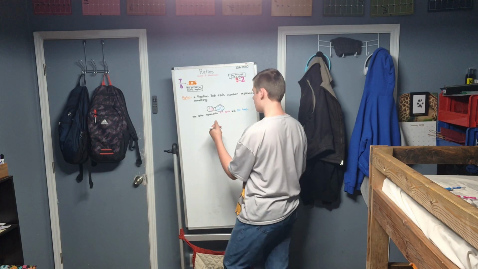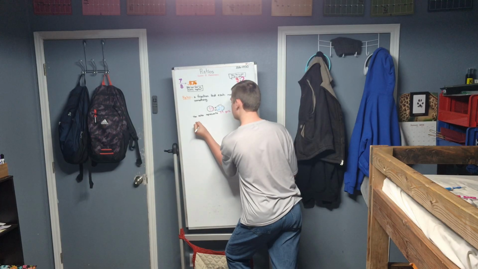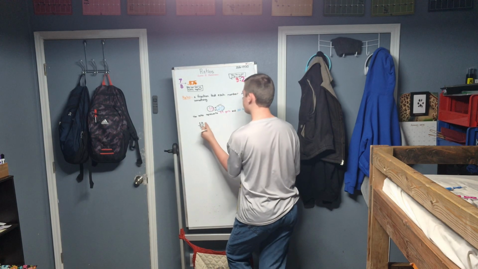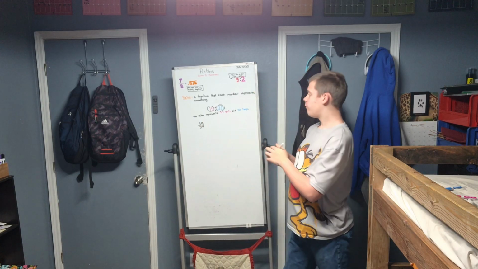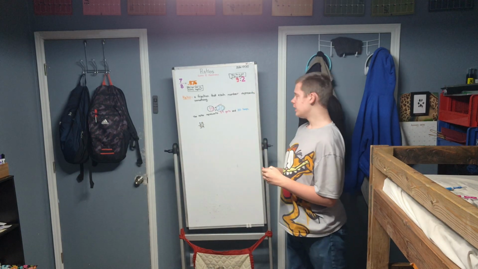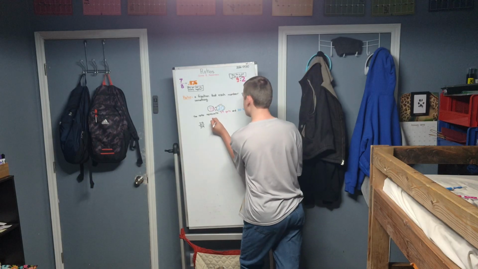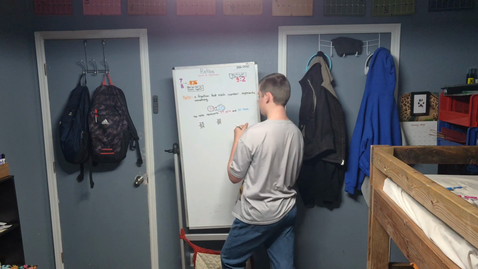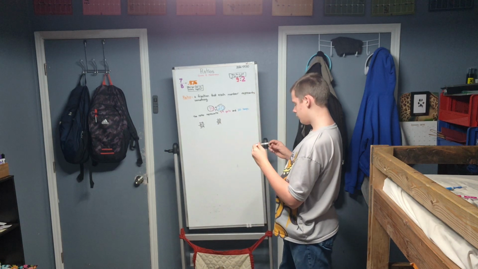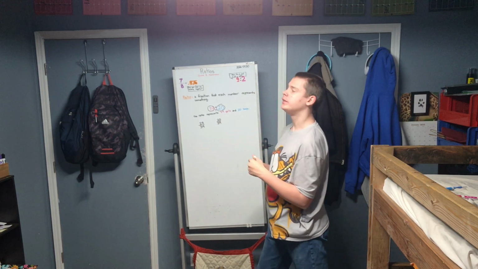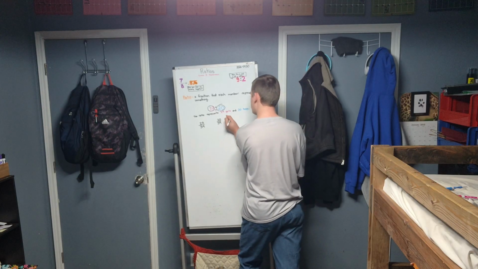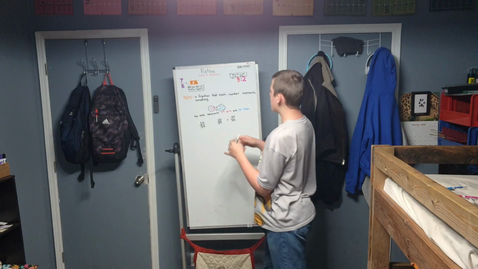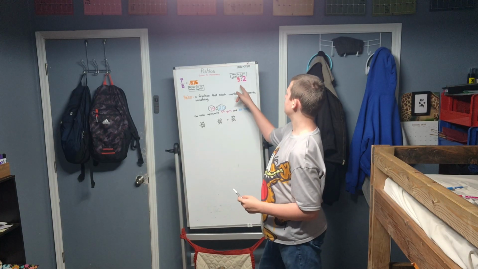So 19 out of 39 is what it would be in fraction form for the pink number. For the blue number, it would be 20 over 39. A ratio has to equal 39 over 39, or whatever the sum of these two is.